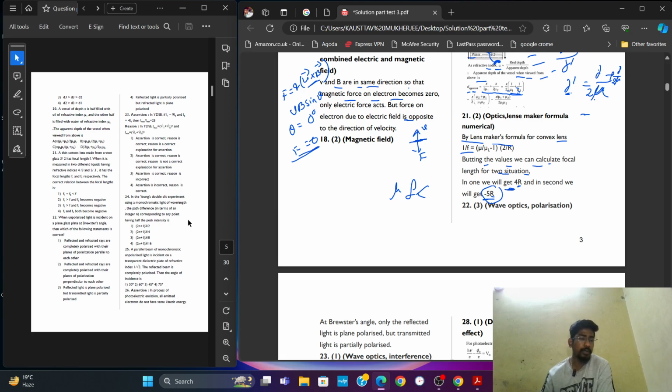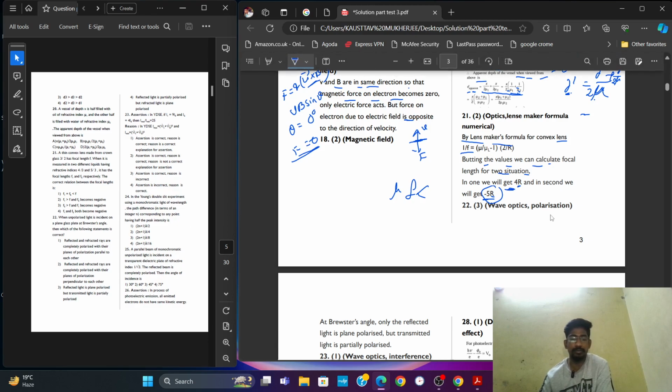Question number 22. When an unpolarized light is incident on a plane glass plate at Brewster's angle, which of the following statements is true? At Brewster's angle, the reflected light is plane polarized, but the transmitted light is partially polarized.